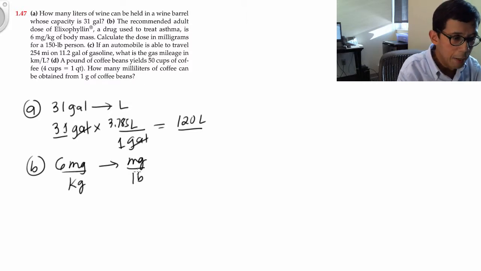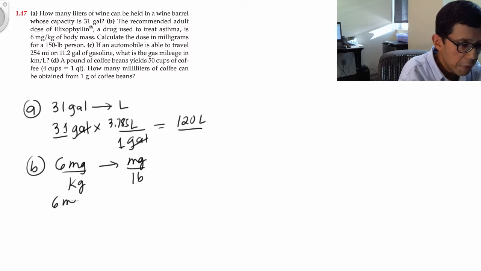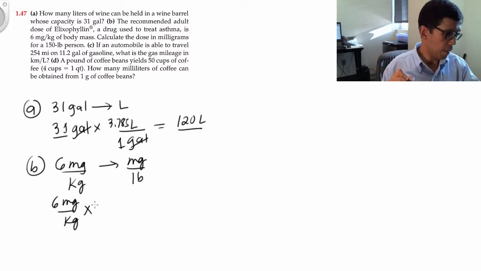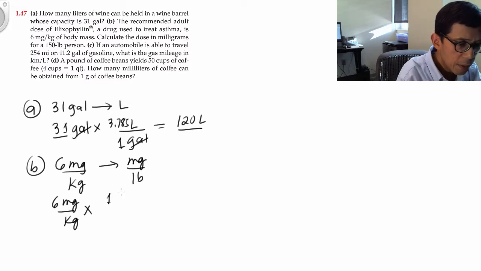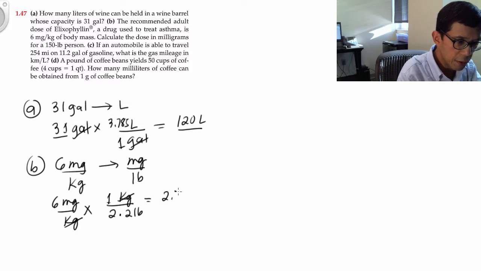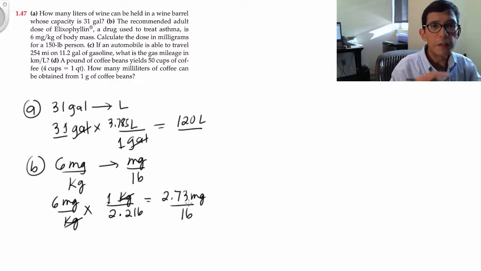Okay, so 6 milligrams per kilogram times, in 1 kilogram there are 2.2 pounds, so that gets rid of the kilograms, so that there is 2.73 milligrams per pound. So that is the dose in milligrams per pound.